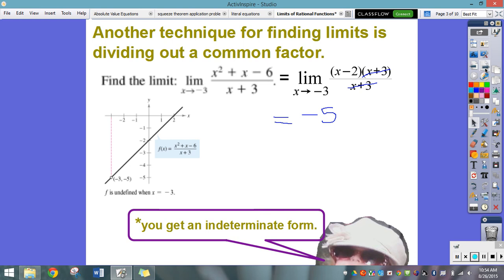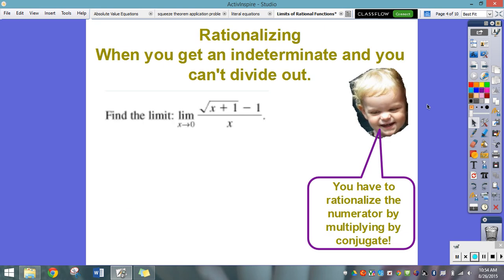The other method is rationalizing. So if I get an indeterminate or just an undefined answer, I can also try to rationalize to see if I can get an expression that gives me a defined answer with direct substitution. So in this case, we have find the limit as x approaches 0 of the square root of x plus 1 all minus 1 divided by x.